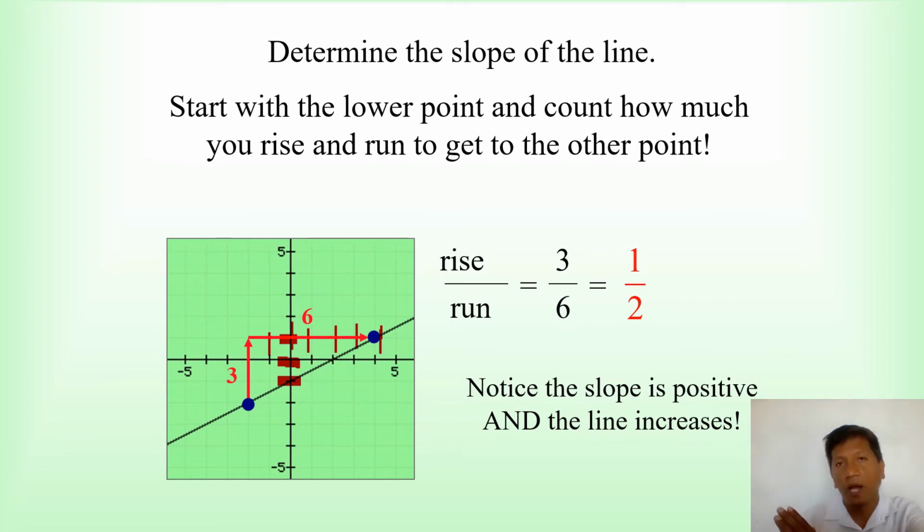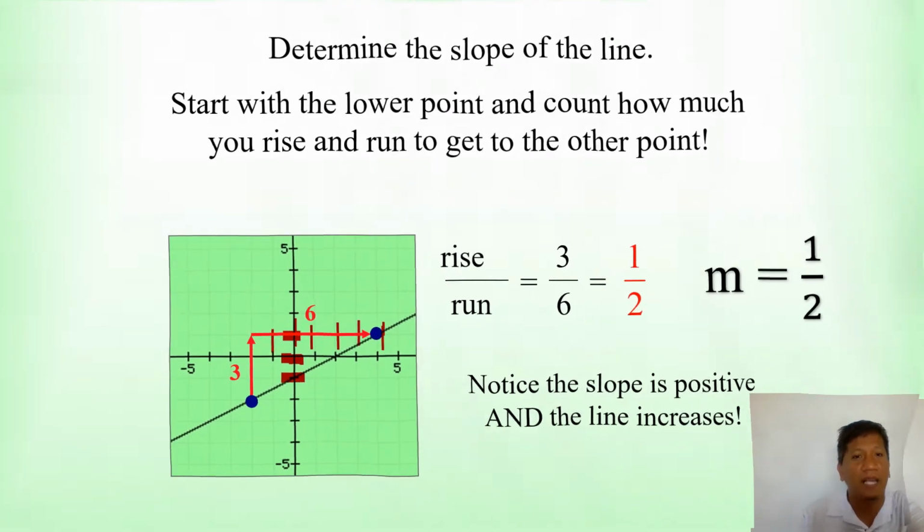If it is going uphill from left to right, the slope is positive and the trend is increasing. Did you get it? Understand, my dear students? So, m is equal to 1/2 or the slope is equal to 1/2. Got it? Next.